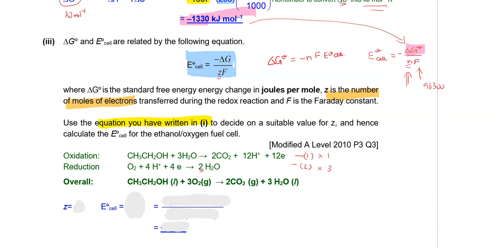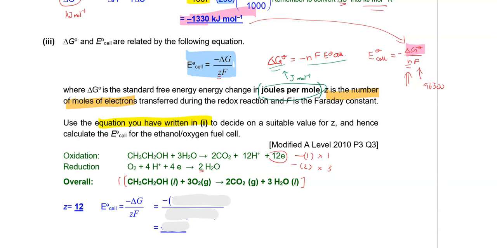So in 1 mole of this reaction, this entire equation, how many moles of electrons are being transferred? 12 moles of electrons. So Z equals 12. So apply the formula, E cell equals negative delta G over ZF. Notice again this formula, common mistake: delta G using this formula is in J per mole, and is given over here as kJ per mole.